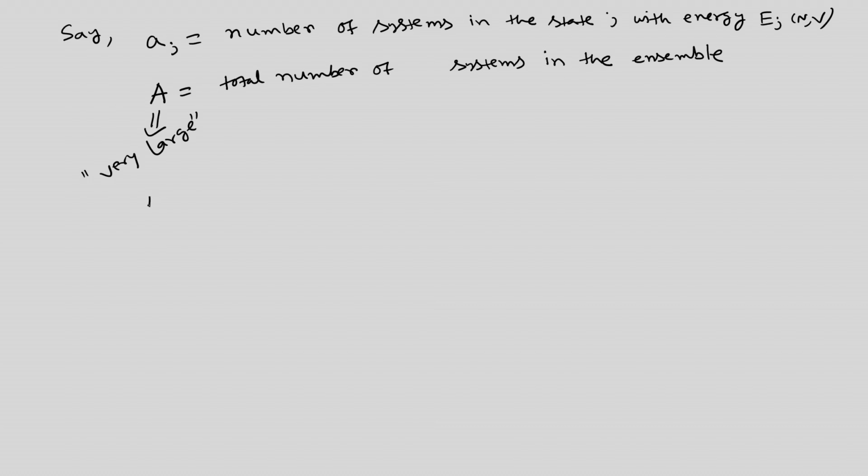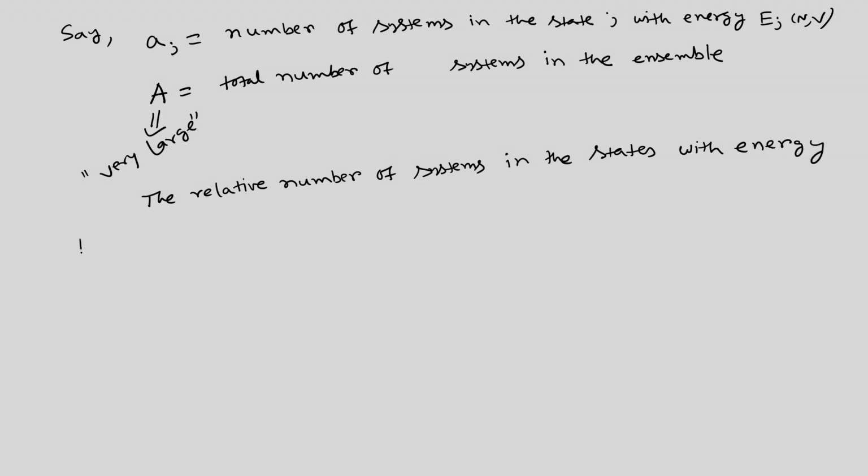So, now the relative number of systems in the states with energy E1 and E2 must depend on E1 and E2, right.